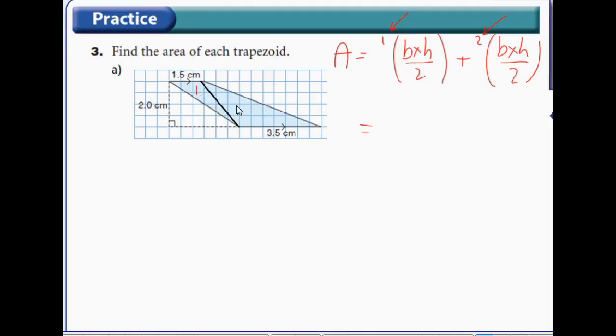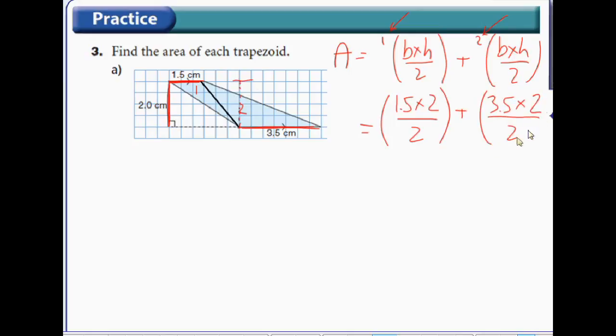So if this is triangle 1, triangle 2, triangle 1 has a base of 1.5 and a height of 2. So 1.5 times 2 divided by 2 plus triangle number 2 has a base of 3.5, and it has a height of the same amount all the way up to here, which is 2.